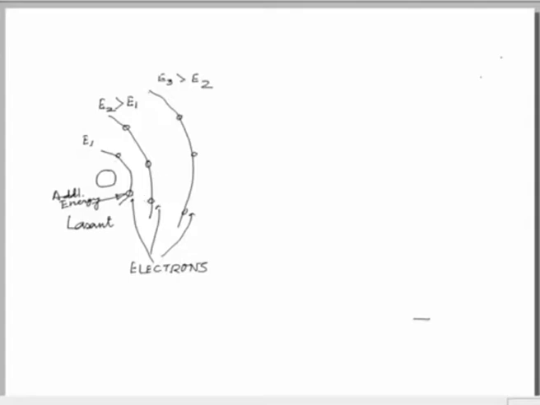Now, if these electrons at a relatively lower energy level are knocked up to another level which is at higher energy, and this is shifted to another level which has further energy, then they will come to an excited state, which is very unstable for them to remain in for a longer period.